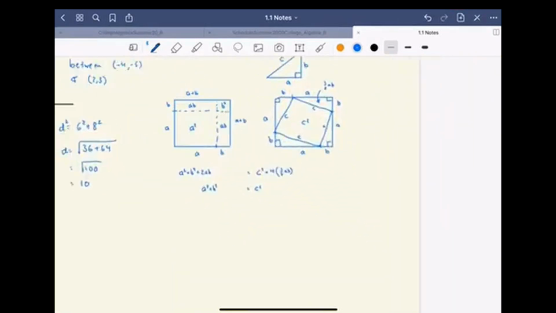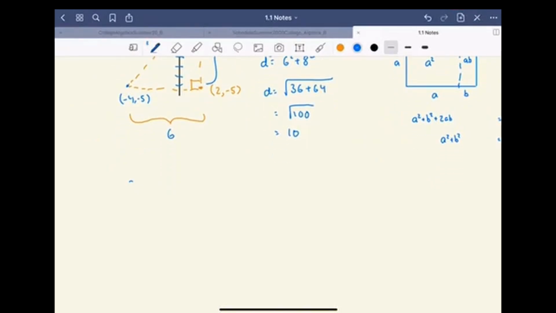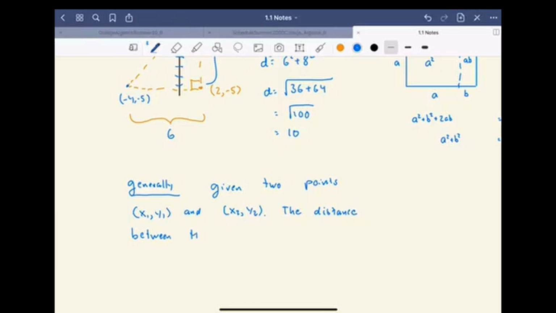Okay? More generally, given 2 points, (x1, y1) and (x2, y2), the distance between them is D equals the square root of (x2 minus x1) squared plus (y2 minus y1) squared.